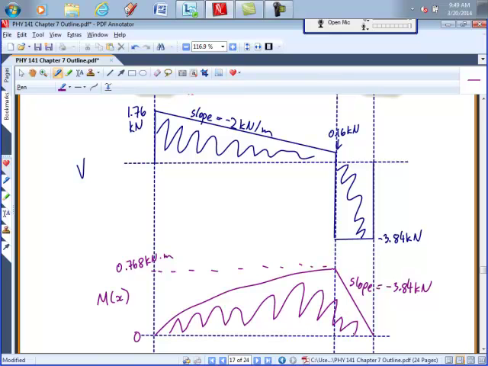We're not going to go through those in this class, but that's going to tie together the next section that we're going to do on centroids and moments of inertia. They're useful with these shear and moment diagrams to produce a deflection diagram.